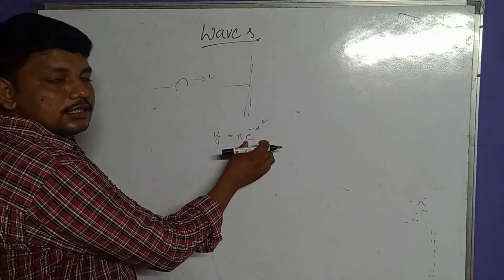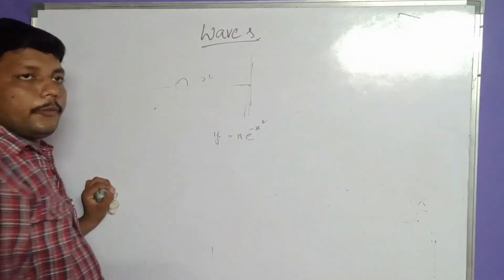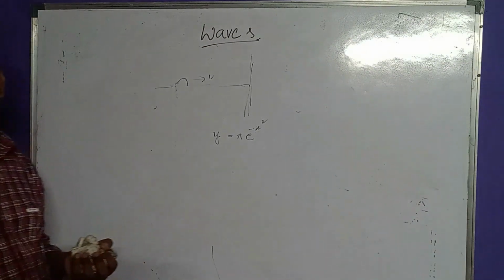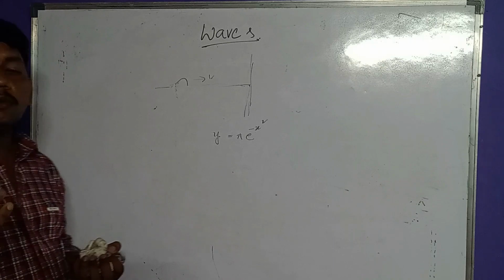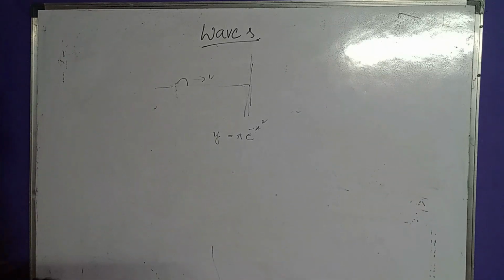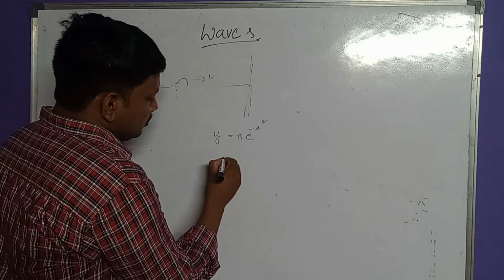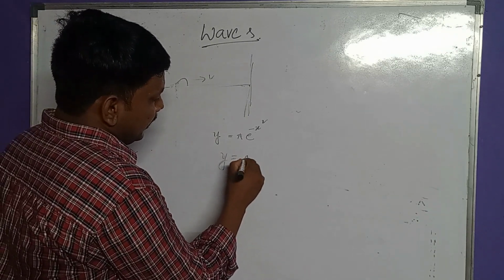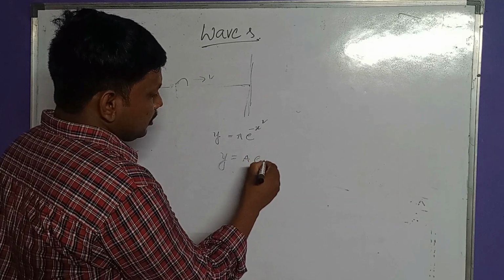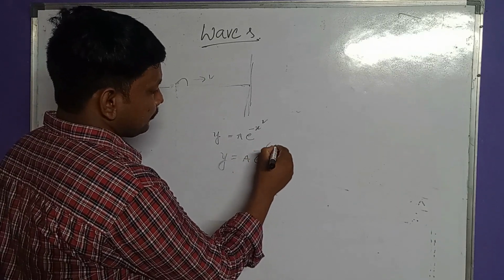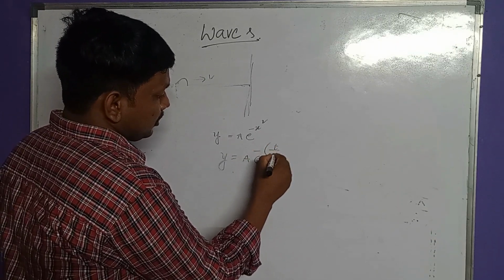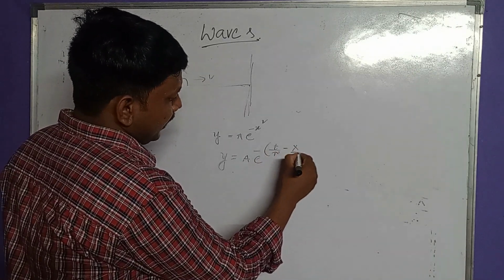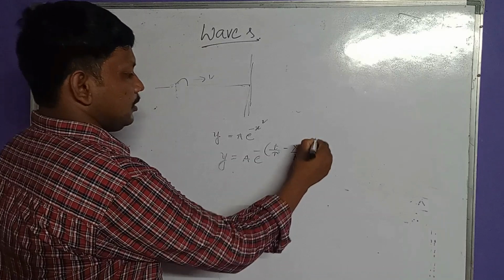But this is not a traveling wave. We know that for getting a traveling wave there are two variables, one is the time variable and the second is the displacement variable. So here y is equal to a, amplitude, into e power minus (t by tau minus x by lambda) square.